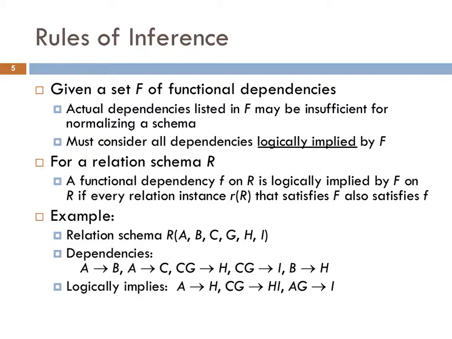The thing that I want to point out about this is, what are A, B, C, G, H, and I? They're just attributes, right? I mean, they're just weird attributes that Donnie threw out onto a slide. The schema's name is capital R. What does it mean? What does it represent? We don't know, right?